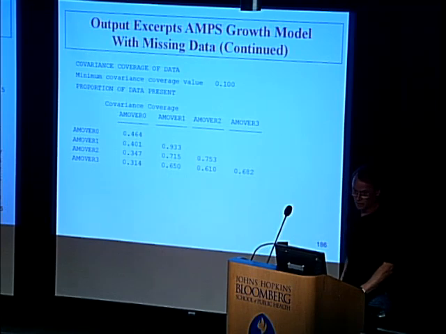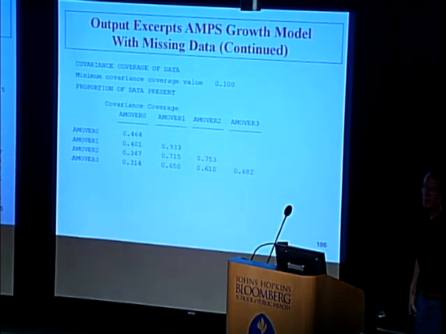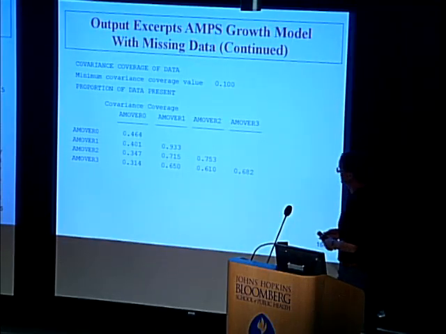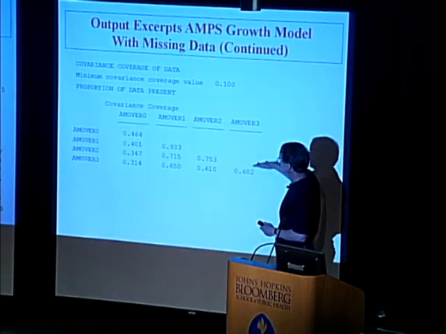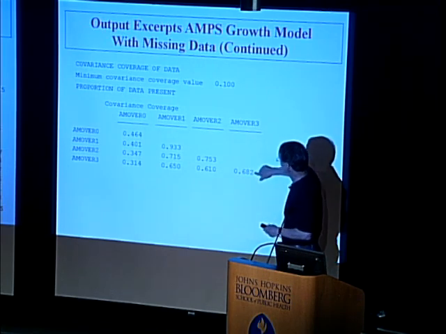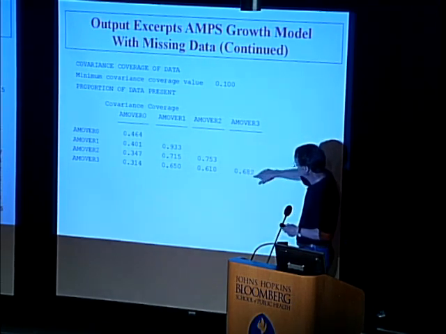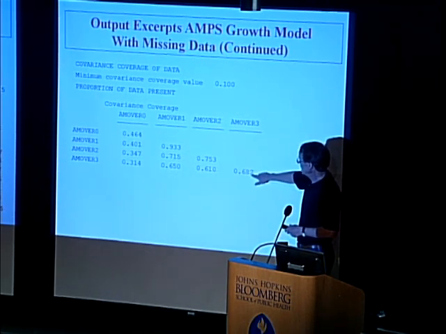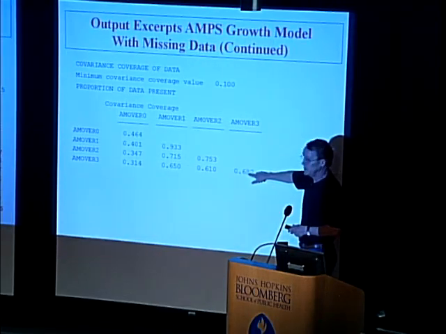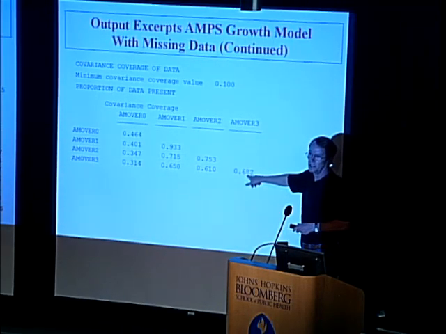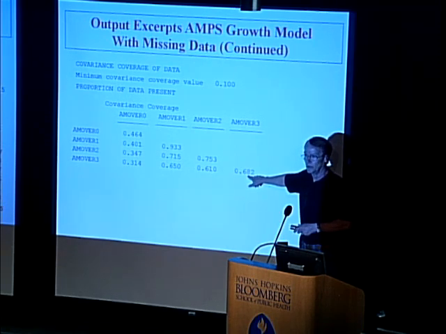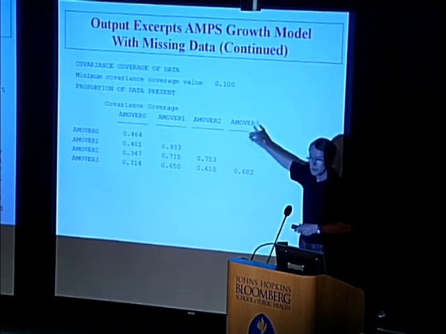So that's quite useful. And then you have this covariance coverage table, which says, for instance, if you look at the diagonal first, at the last time point, 68% of the sample remains. 68% of the sample is there at the last time point for M over 3 measurement.